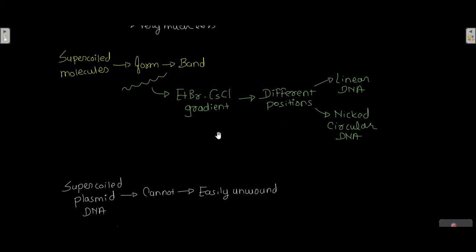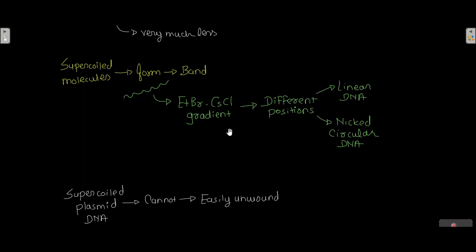After centrifugation, the supercoiled plasmid molecules form a band in the EtBr CsCl gradient at a different position than the linear DNA or the nicked circular DNA. We saw in the diagram, right? It was at the lowest position.